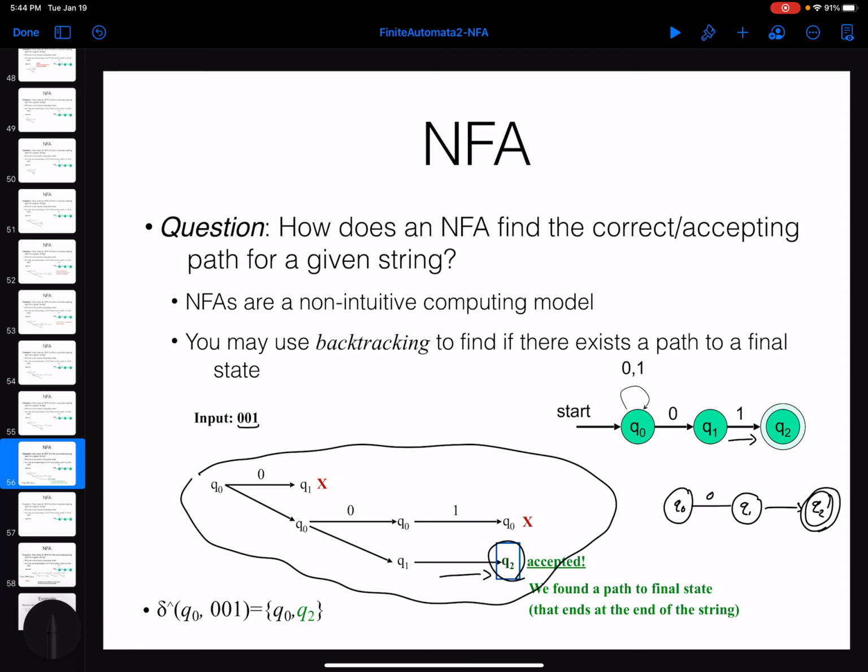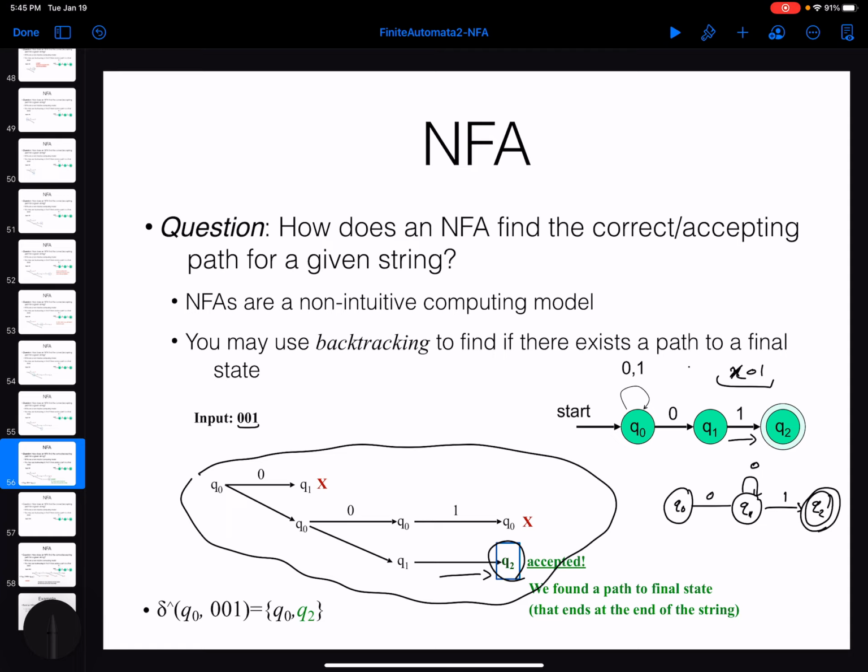This is going to be the language of all binary strings that end in 01, right? All binary strings in this form, that end in 01. So if I create a DFA for this language, it's going to look like this.